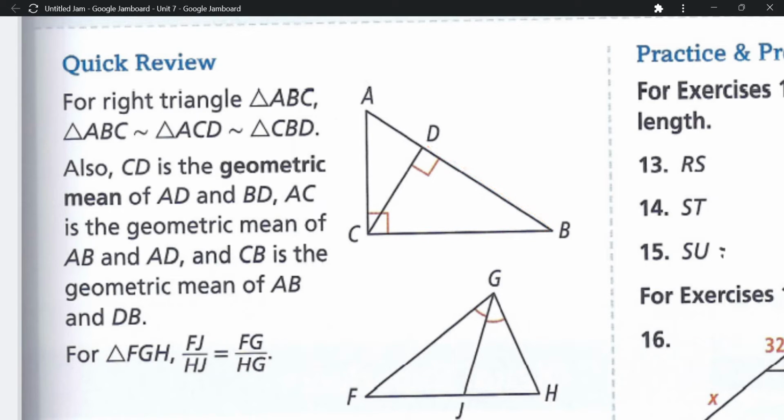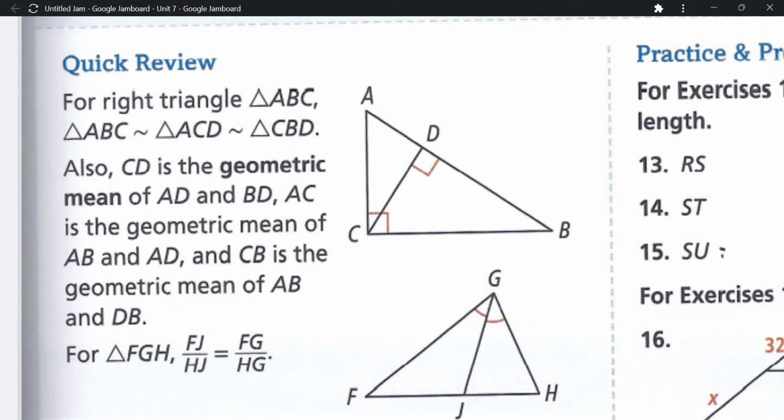I'm just trying to take this time to remind ourselves that order matters, right? Corresponding parts of congruent triangles are congruent, and corresponding parts of similar triangles will be proportional if these things are similar. So take your time to understand that these are not written randomly. They have an order and a logic to them.